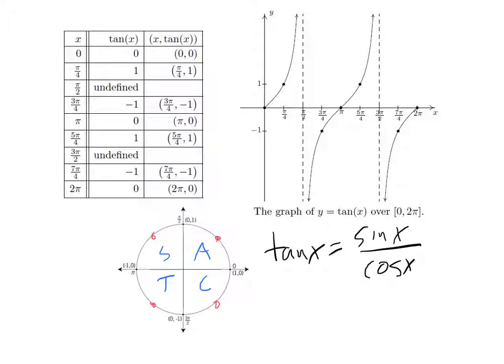Whereas for sine, positive, positive, negative, negative, it takes a full circle before it repeats positive, positive, negative, negative. And for cosine, positive, negative, negative, positive, positive, negative, negative, positive, it takes a full 2 pi before it repeats. But tangent, positive, negative, only takes pi. So period of pi, asymptotes at 3 pi halves, 5 pi halves, odd pi halves, and it's an increasing function.